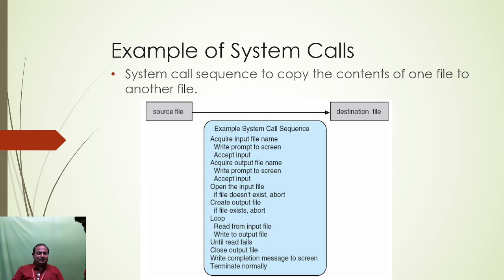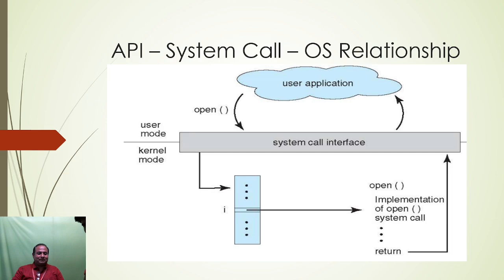This is an example: when you give one file, which will be the source file, and it is converted into the destination file, we should have this kind of sequence. And this is the diagram for the system call.